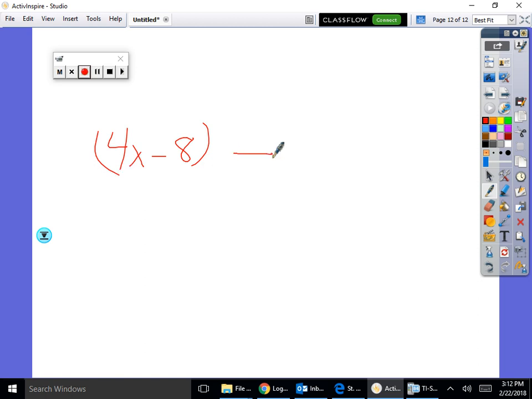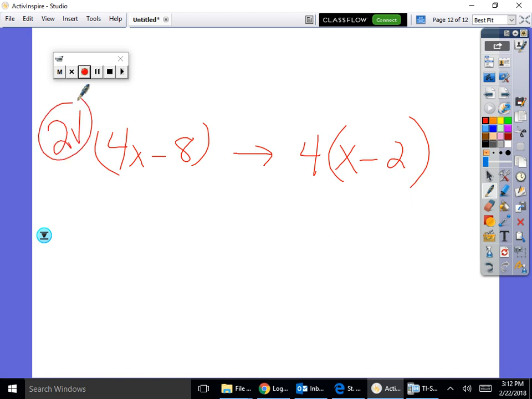So 4, and then I have x minus 2. Both of these are divisible by 4, so I wrote the 4 there. 4x divided by 4 is x. -8 divided by 4 is -2. Good?